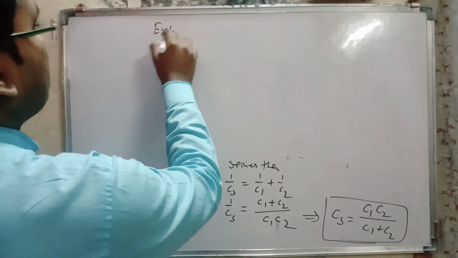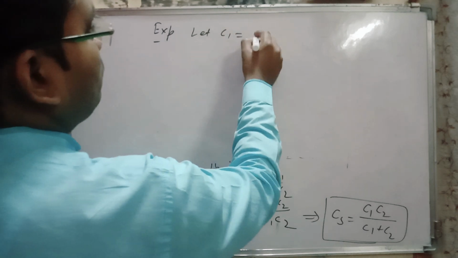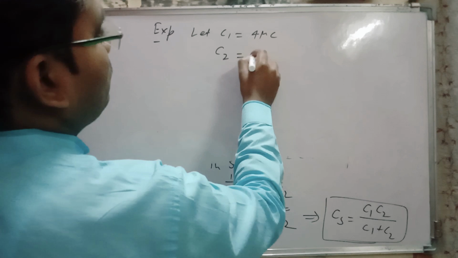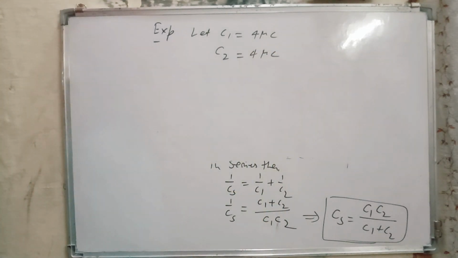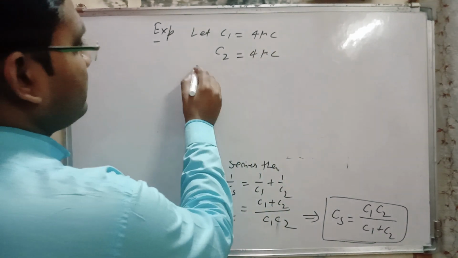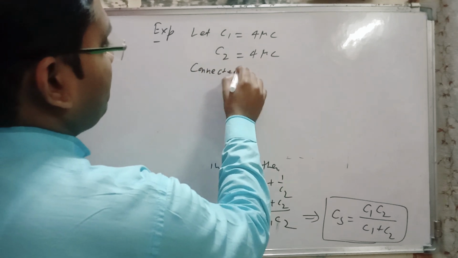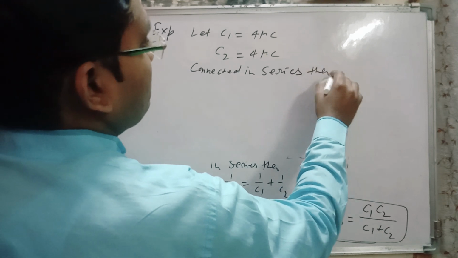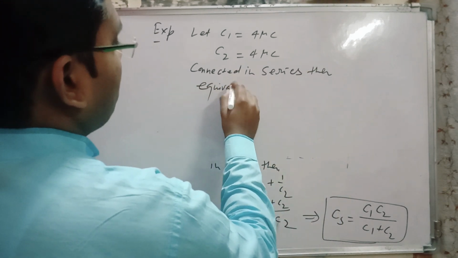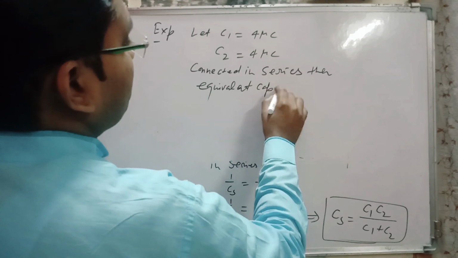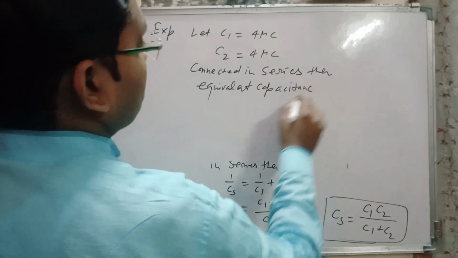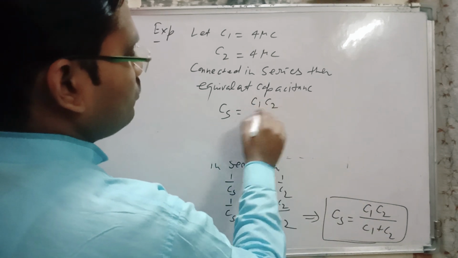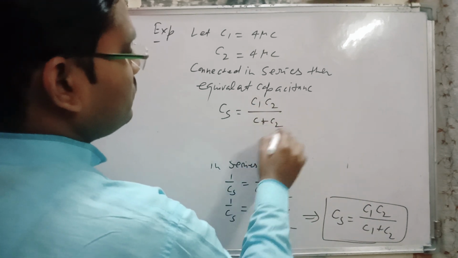For example, let C1 is equal to 4 microfarad and C2 is equal to 4 microfarad. Both are connected in series, then equivalent capacitance Cs is equal to C1 C2 upon C1 plus C2.